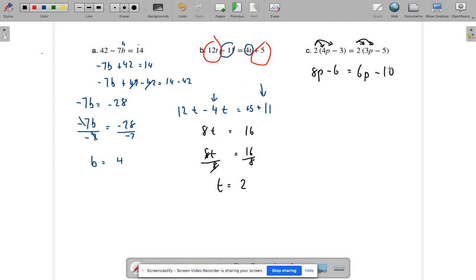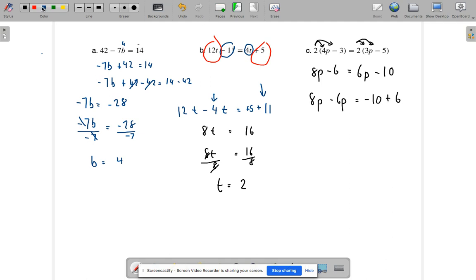So now it's a very similar question to the one I just did. We've got letters on both sides and numbers on both sides. So change sides, change signs rule. We get all the letters on the left, all the numbers on the right, and anything that changes from left to right or right to left changes sign.